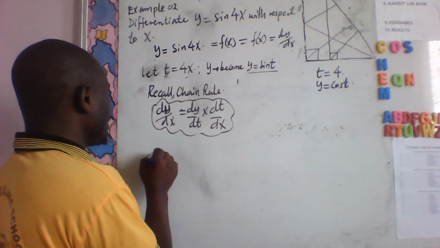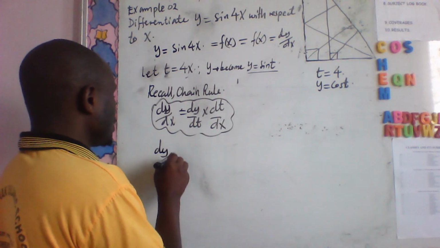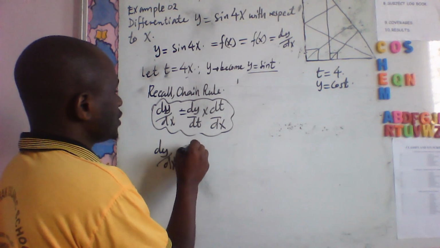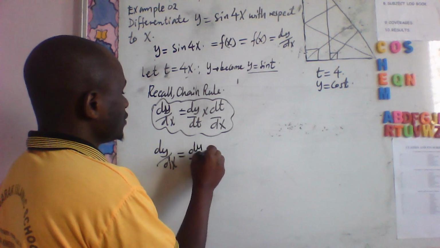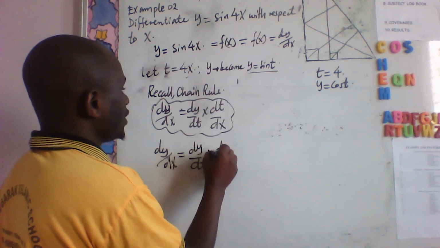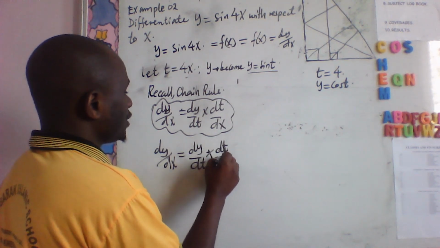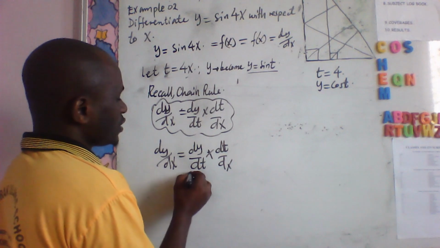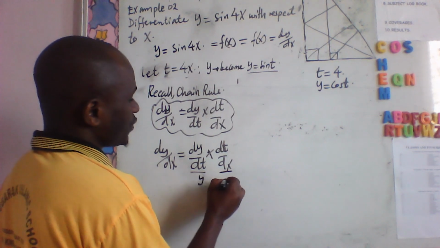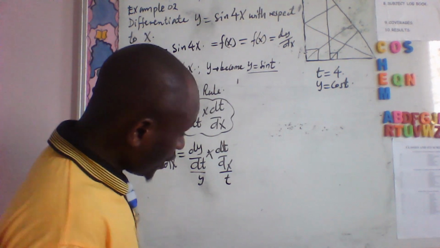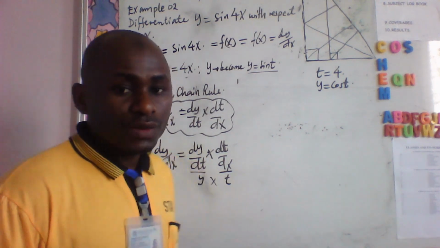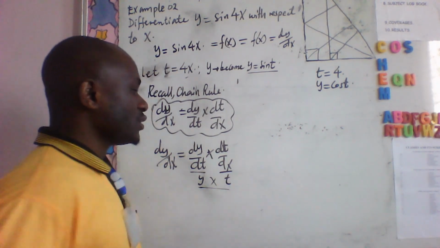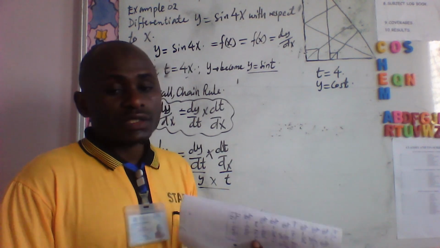So dy over dx is equal to dy over dt times dt over dx. This tells us that this is the value of y, this is the value of t. So here what we are doing is y times t.